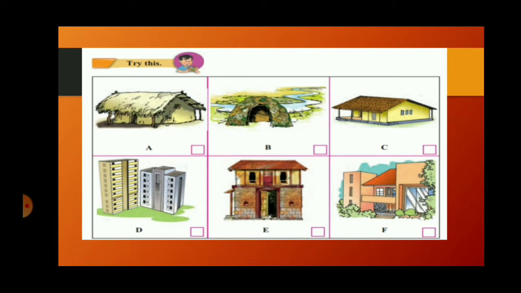The houses D, E and F are mainly seen in cities. Okay children? The houses A, B and C are mainly seen in the rural areas. Okay, so see children, we will move to our next picture.